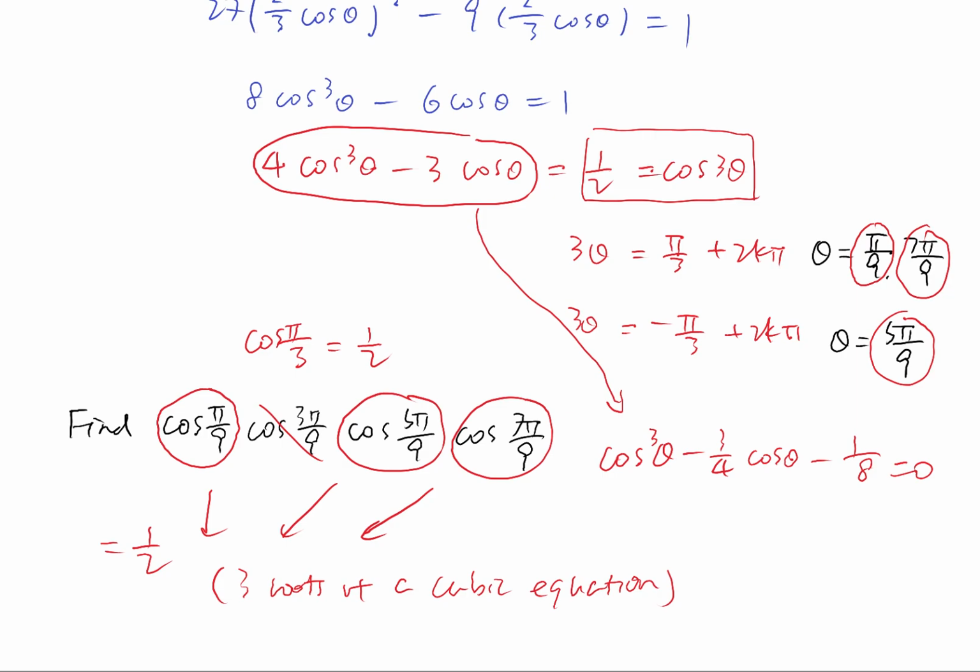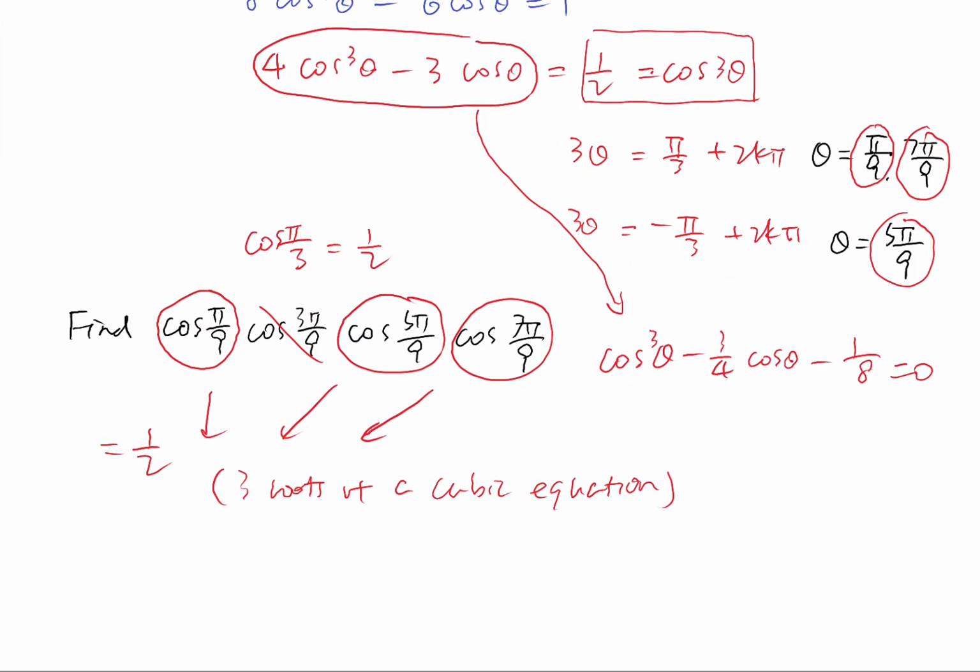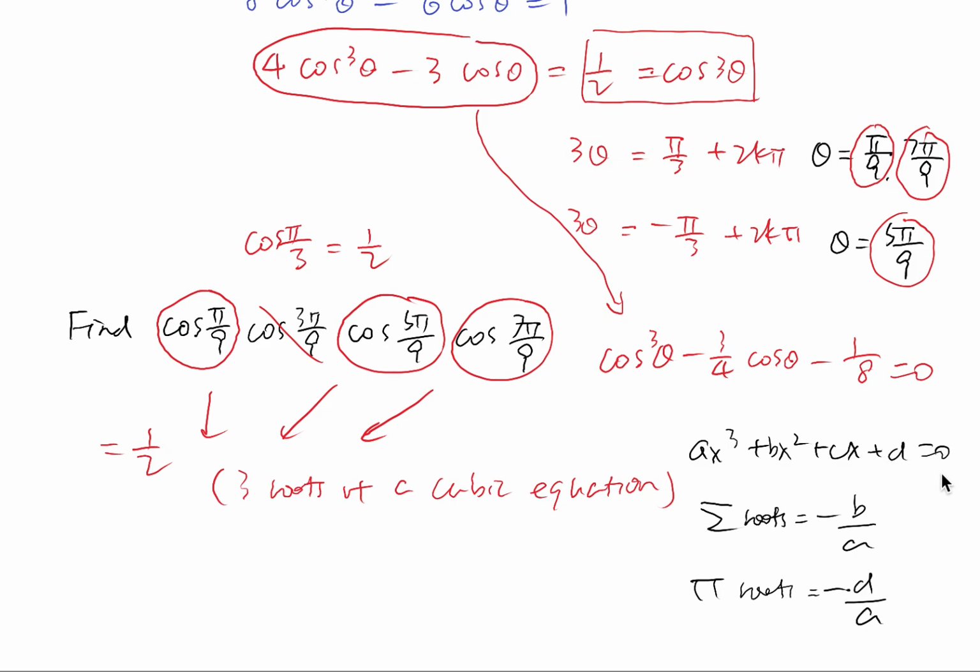As a normal cubic equation we've learned before, let's do a quick revision. If we have ax cubed plus bx squared plus cx plus d equals 0, the sum of all the roots is minus b over a, and the product of all the roots is minus d over a.